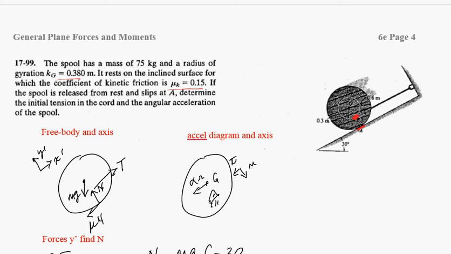So we're going to work in an x prime, y prime direction for our free body diagram. It's going to be tied off with a tension in that cable, mg, normal force coming off the surface, and since it's sliding, you're going to have a mu times N sliding on that surface. Here's our acceleration diagram and the normal tangent coordinate system. This is from rest, so omega squared r is going to be 0 in the normal direction.